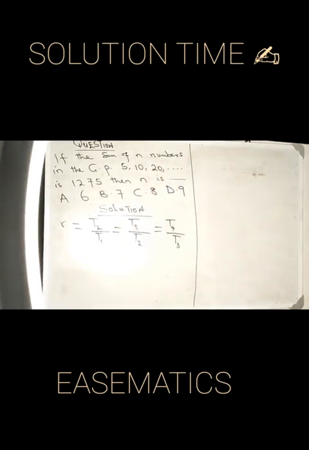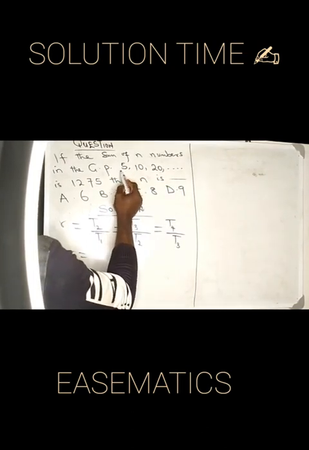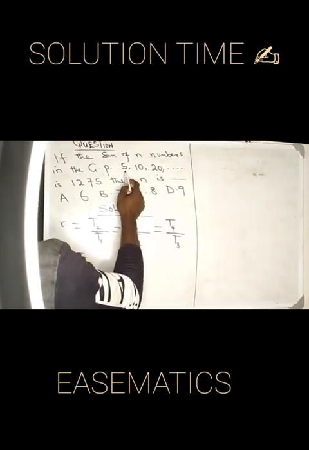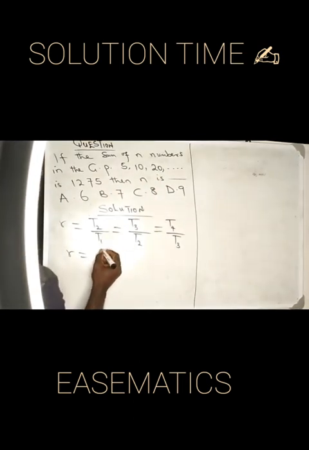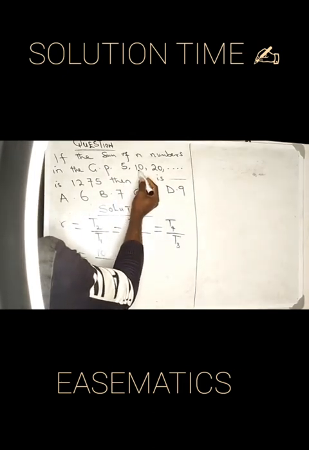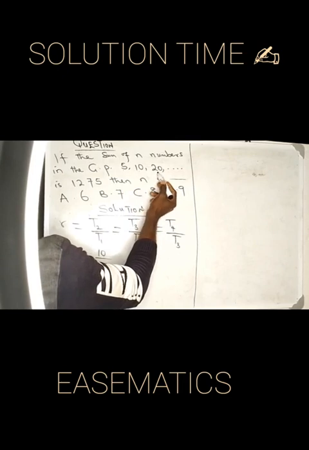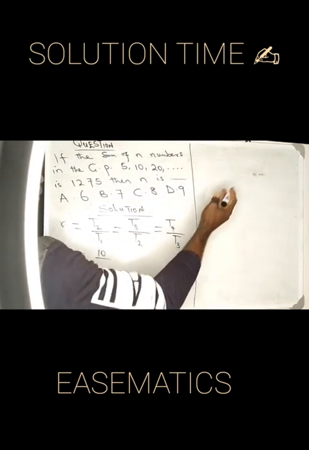Now let us check what the common ratio is going to be. Since the terms of the GP are 5, 10, and 20, the first term is 5, the second term is 10, the third term is 20, and other terms continue.